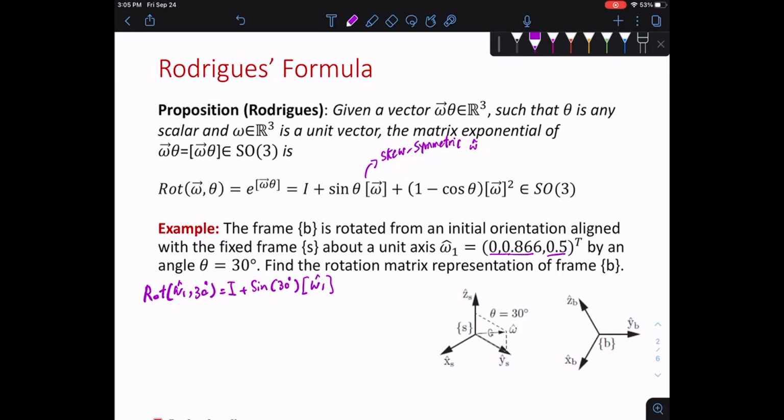With 3 elements, I can create a 3x3 matrix, plus 1 minus cosine of 30 degrees multiplied by omega 1 skew symmetric to the power of 2. So you will get something like this. 1, 0, 0, 0, 1, 0. So this is your identity, which is 3x3, because we should be able to add.